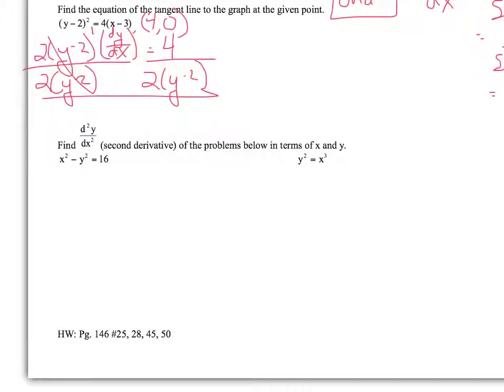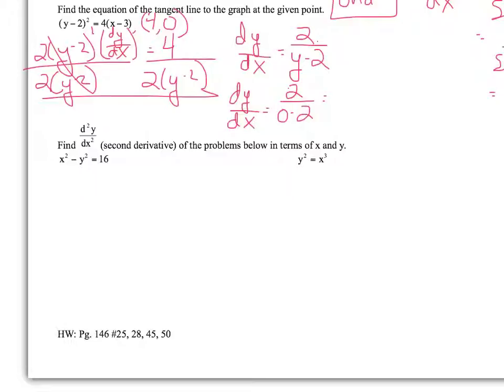So after reducing, dy dx is equal to 2 over y minus 2. Plug in our point, which in this case we actually only have to plug in our y value because the implicit differentiation is only in terms of y. So it's 2 over 0 minus 2. It's a negative 1. Remember, that's our slope.